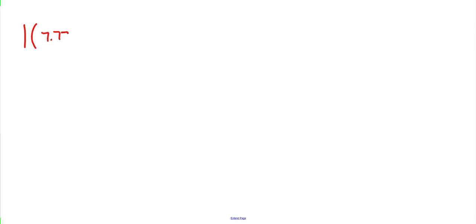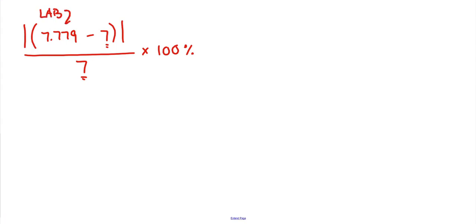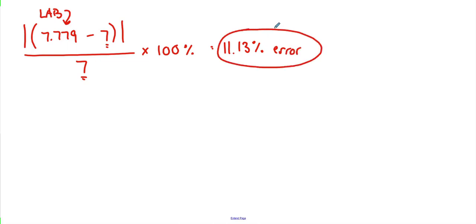Again, absolute value of my calculated lab value minus the accepted value divided by the accepted value times 100%. Now again, the 7.779 was my number 13, and it is my lab value. The whole number 7 is the accepted value. When I do this, I get 11.13% error.